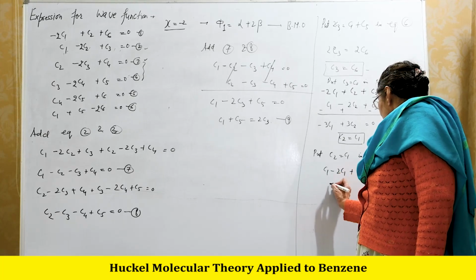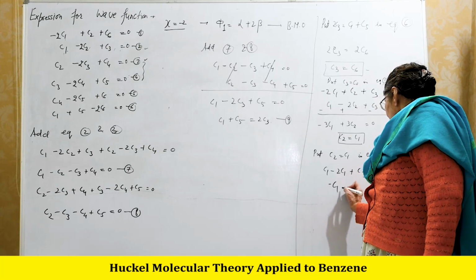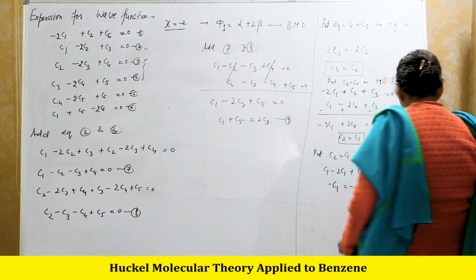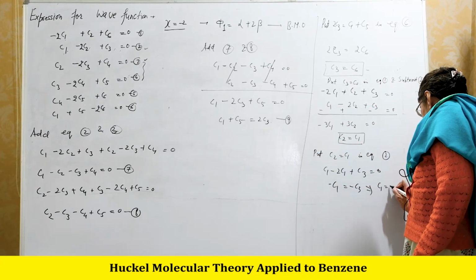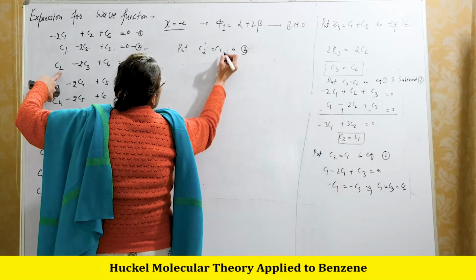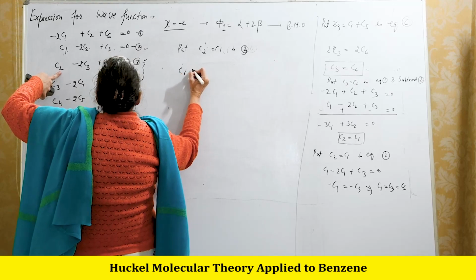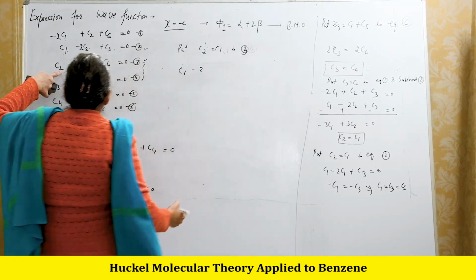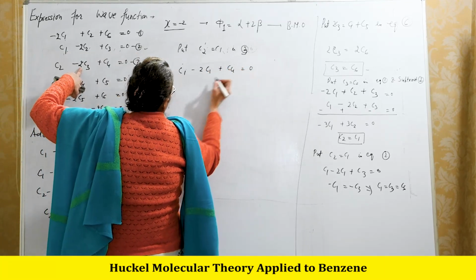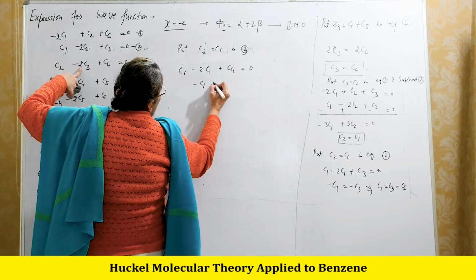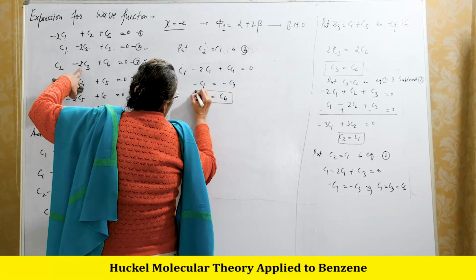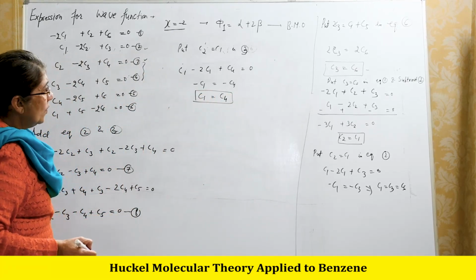Therefore, minus C1 is equal to minus C3, which implies that C1 is equal to C3 is equal to C6. C1 minus 2C1 plus C4 is equal to 0. Therefore, minus C1 is equal to minus C4. Therefore, C1 is equal to C4. This is the relationship of C4 in terms of C1.